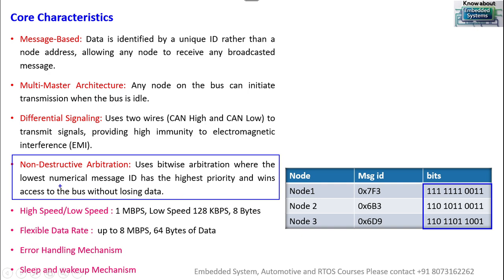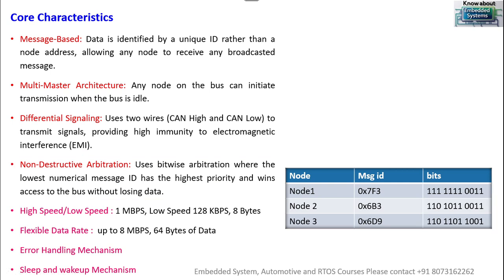The lowest number has the highest priority, and that particular message wins the arbitration and gets prioritized whenever you're transmitting more than one message. This is also one of the important features available in CAN, and this is how CAN prioritizes the different messages.